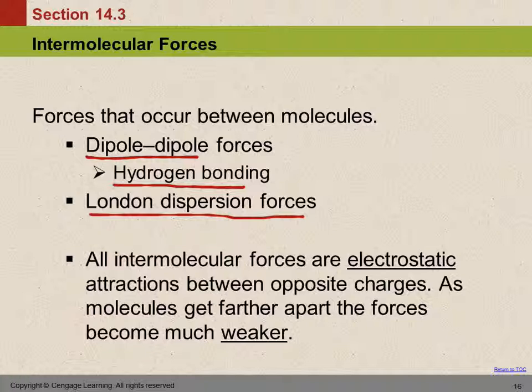Think about two magnets. When they're really close together, they pull together really strongly, don't they? But when you pull them apart, the force gets weaker and weaker. When you get them maybe even just an inch apart, you don't feel any force of attraction between them at all. So that force of attraction depends on the distance between them. As they get farther apart, they get much, much, much weaker.